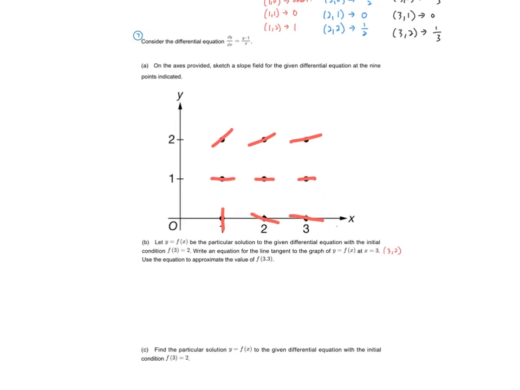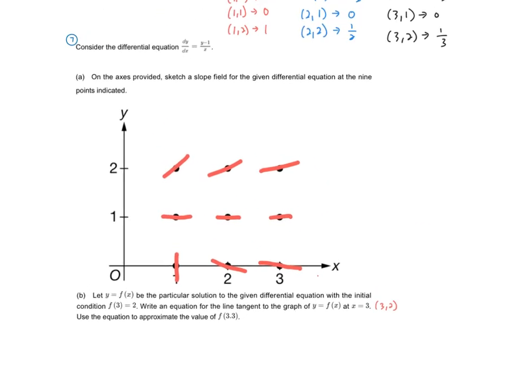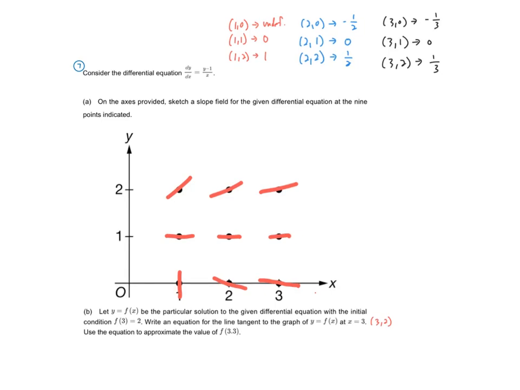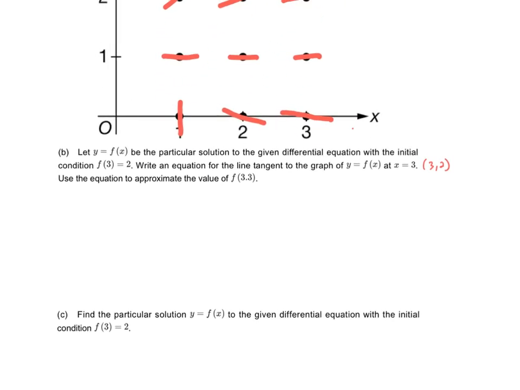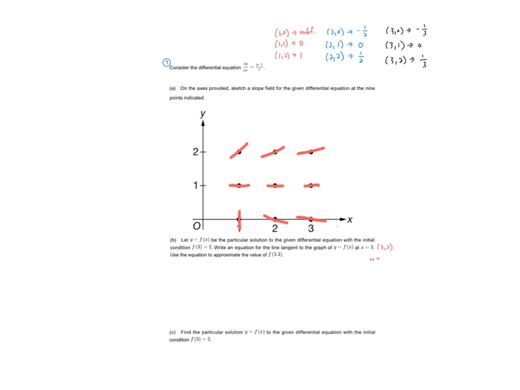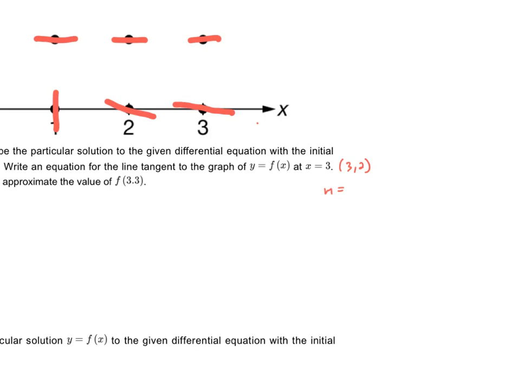And if we plug in 3 and 2, you see up here, we get a third. So that's the slope of the tangent line at that point. 3 comma 2 is 1/3.